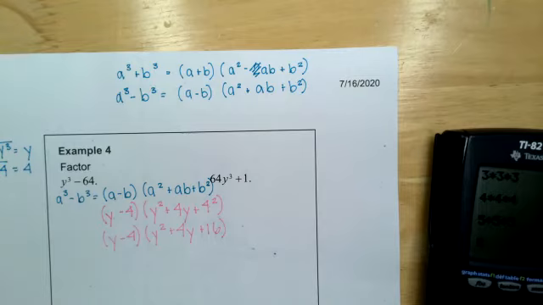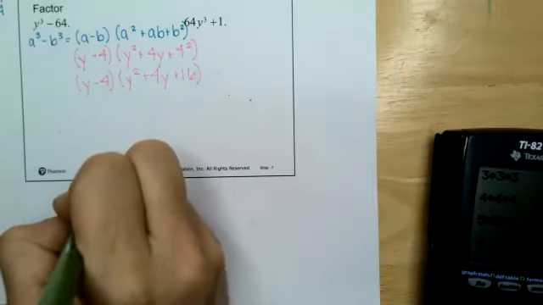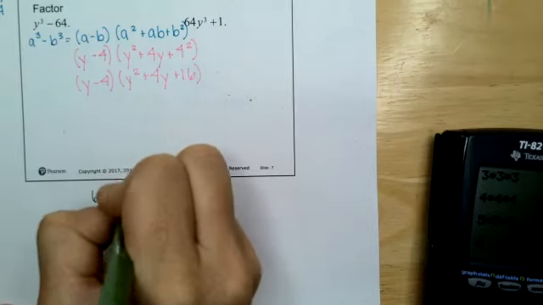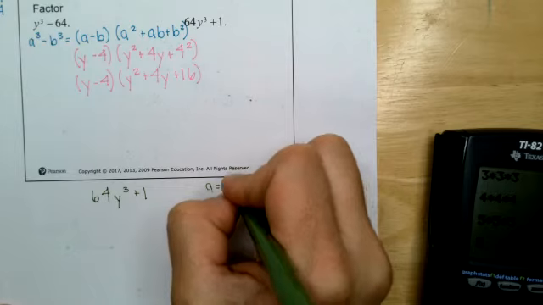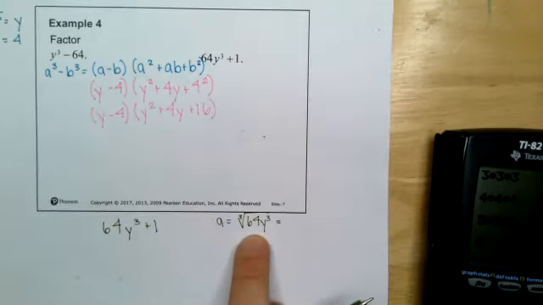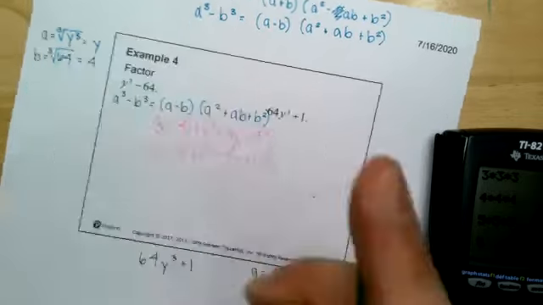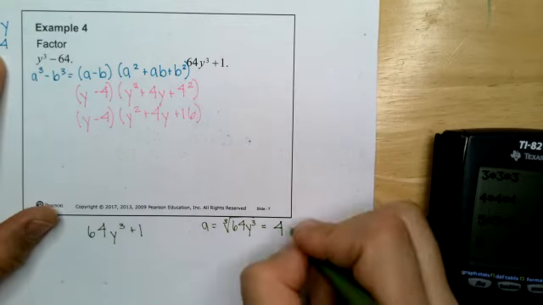All right. Here we have 64y to the third plus 1. A is going to be the cubed root of 64y cubed. We know that the cubed root of 64 is 4. And the cubed root of y cubed is y from over here.